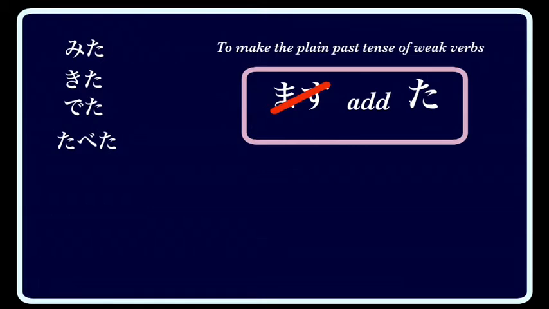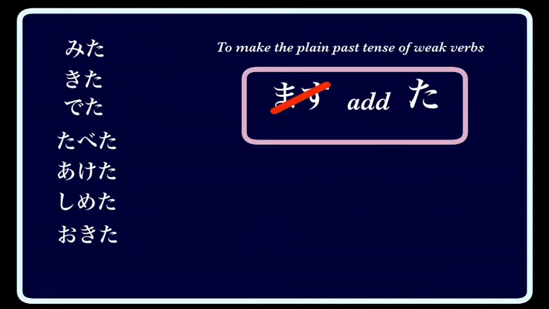Tabemas, to eat, take off the mas, we end up with tabeta, I ate. Akemas becomes aketa, I opened. Shimemas, to close, take off the mas, shimeta, closed.